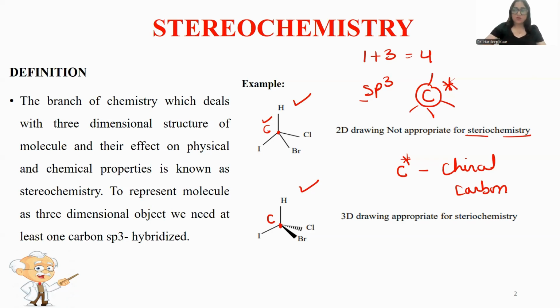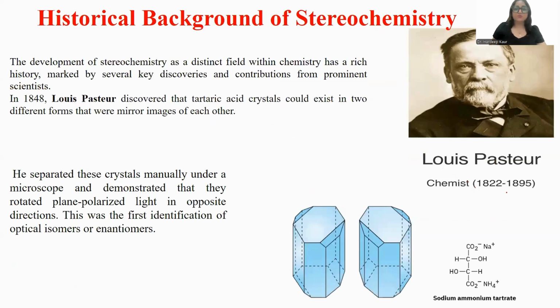In the next slide, I'll let you know the historical background of stereochemistry, how it got started. Firstly, in 1848, Louis Pasteur, who was a chemist, discovered that tartaric acid crystals can exist in 2 forms. If you see here, it can easily exist in 2 forms.